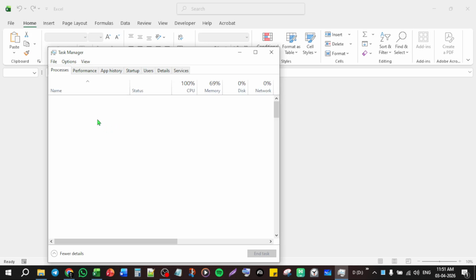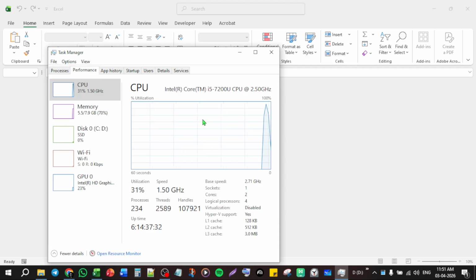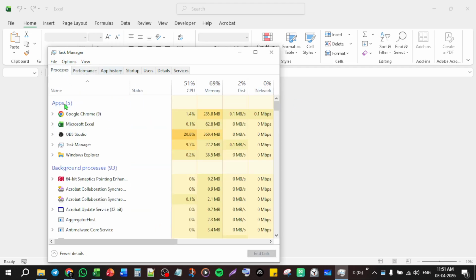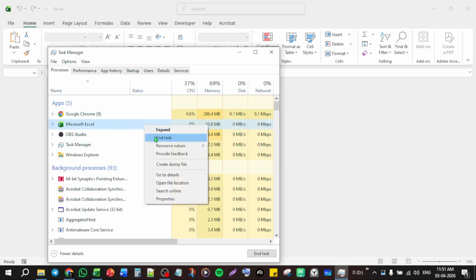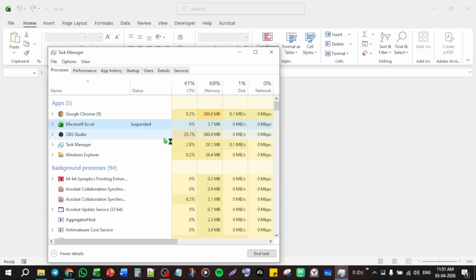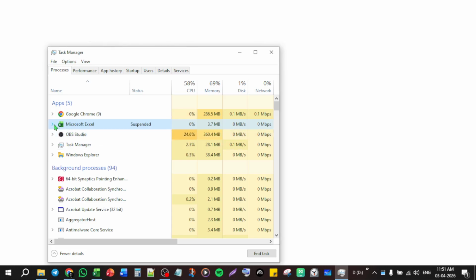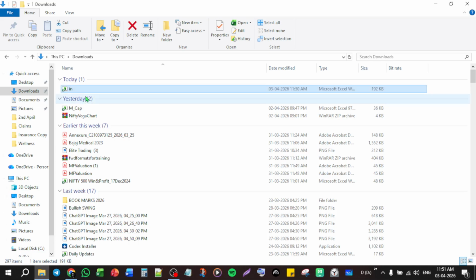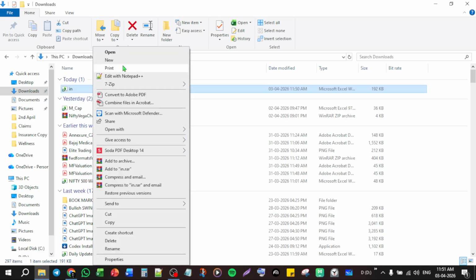Sorry, I don't know what's wrong. It seems to be not working. The computer is on high, the CPU has gone very high, except OBS video. Now again, open this.